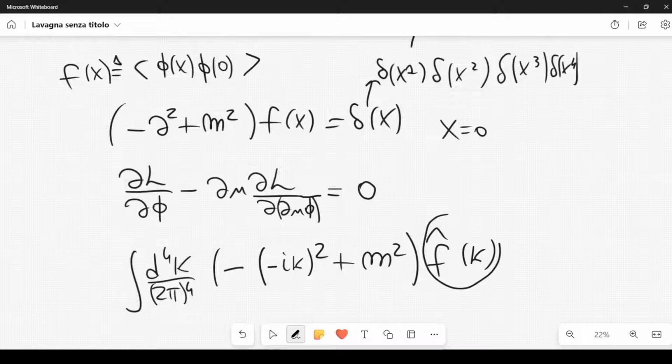But what is this? This is just delta, let's call it delta 0 of k squared. With this 0 here, this superscript means that we are considering only the classical contribution to the propagator. So remember that this equation here holds only classically. So we don't consider any quantum correction because this is the classical equation of motion if you think about it.